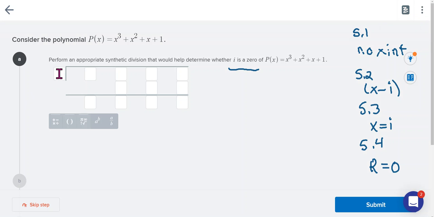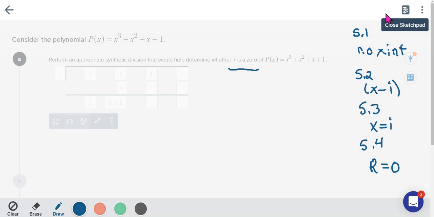That would show this, i. Now be careful as we are working here, okay, 1, 1, 1, 1, 1. Plus i.